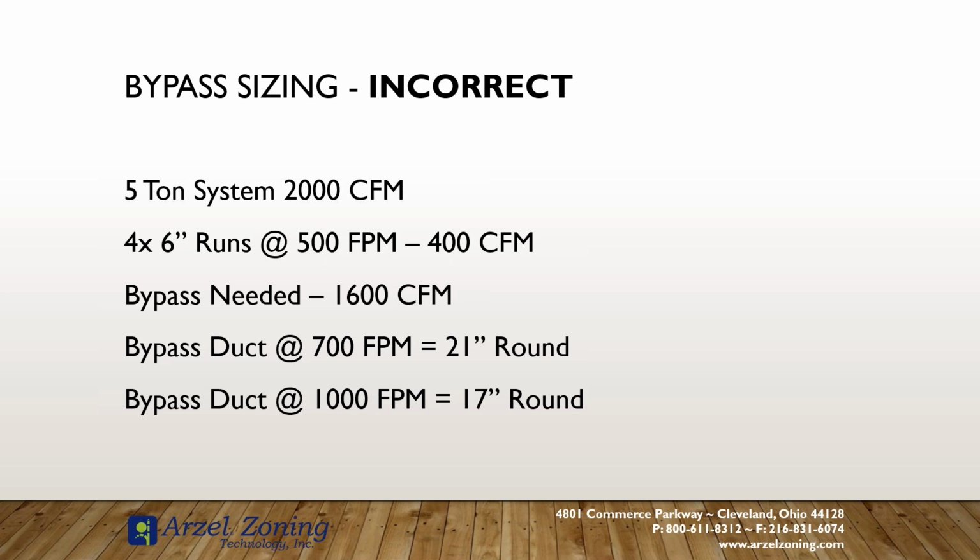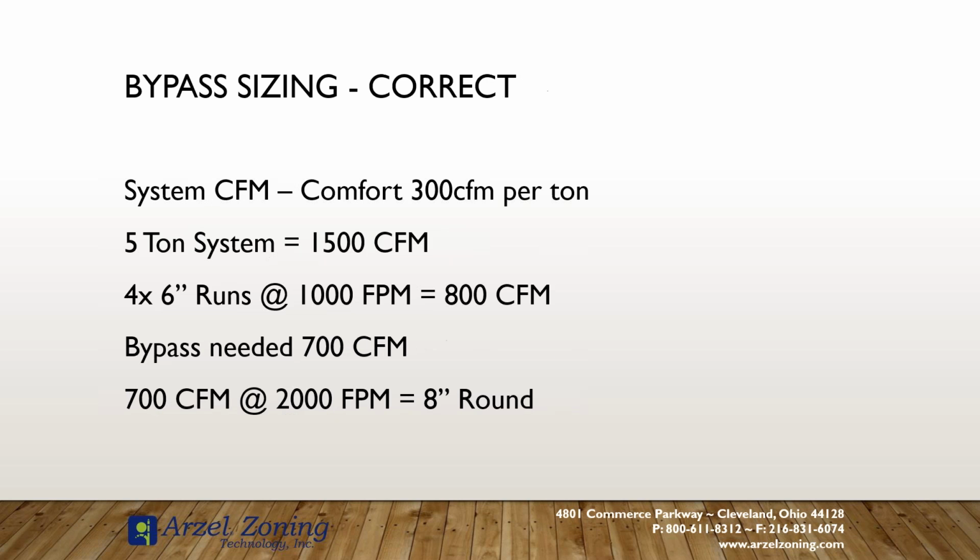And when I do that, I've got no air making it into the house at all. So sizing our bypass duct appropriately is huge. And learning how to do that is going to increase the performance for our customer.